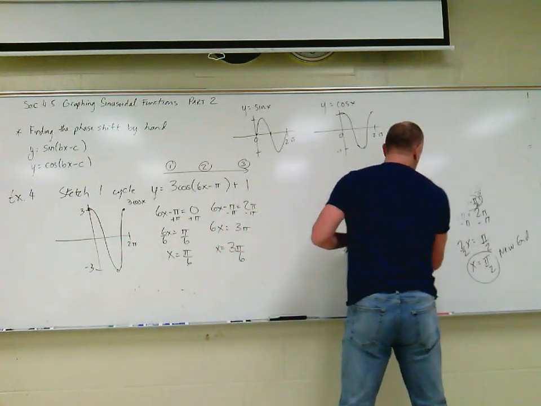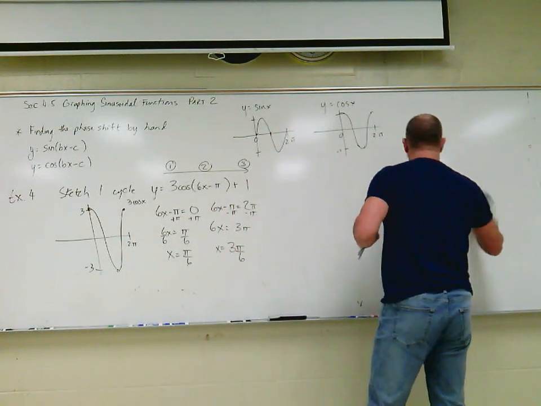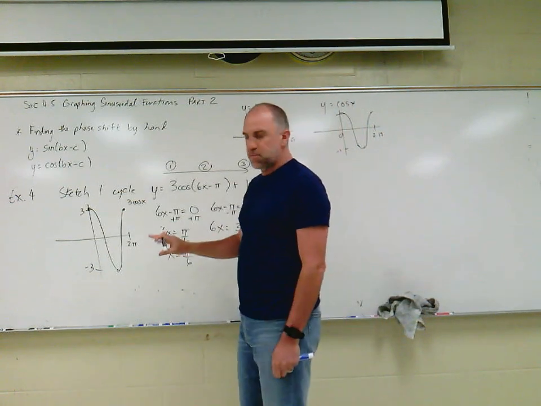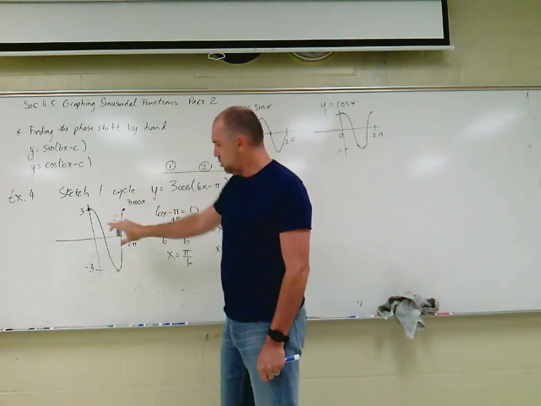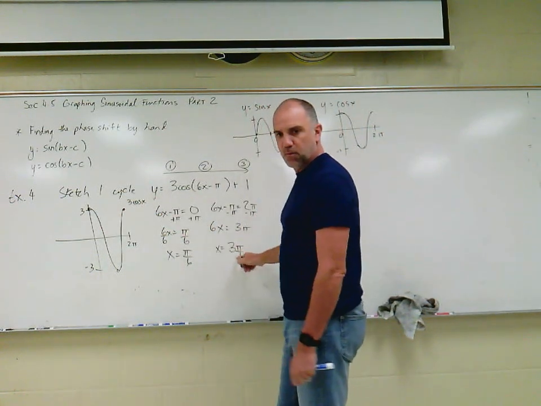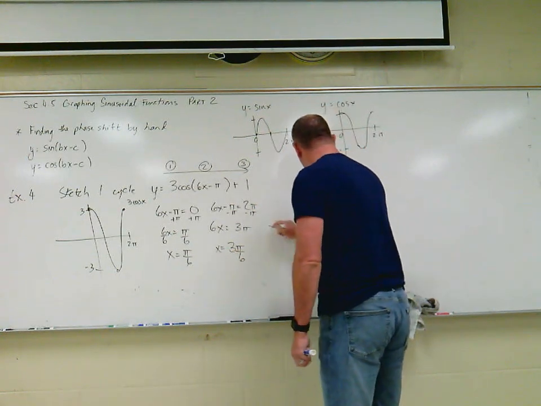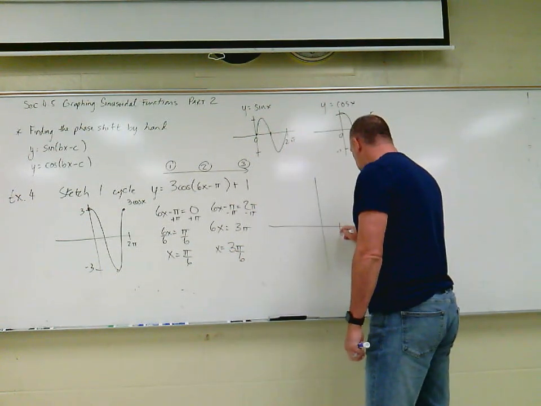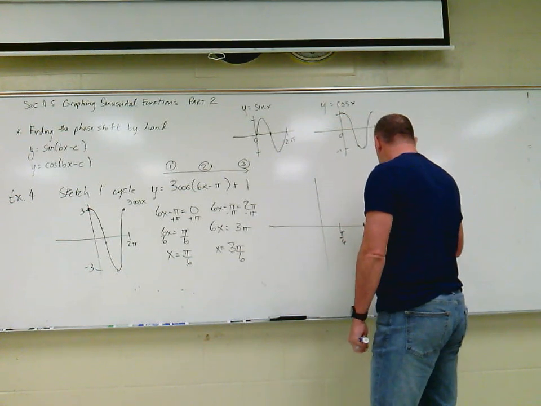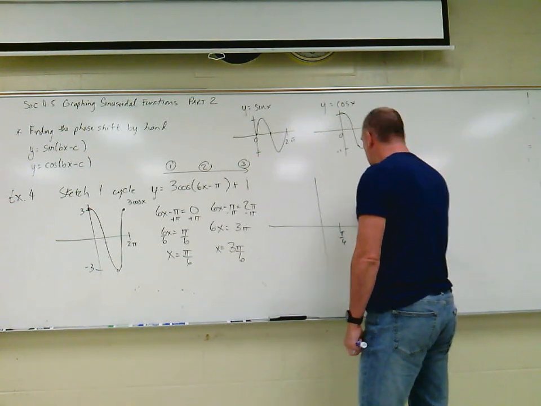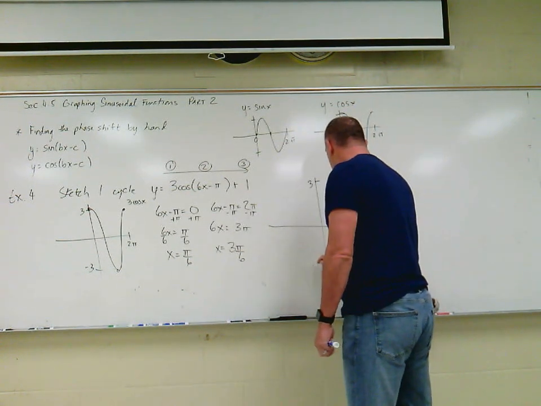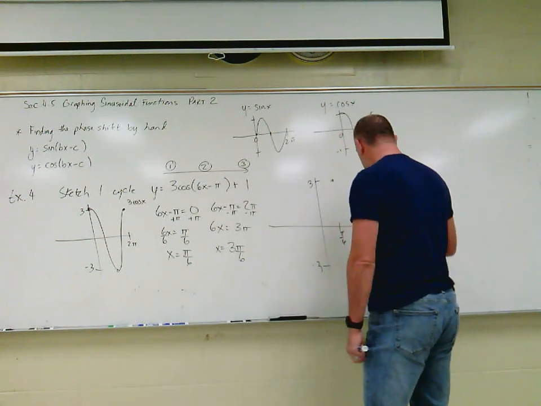So now I'm going to have to draw that picture in that boundary. The analogy I like to use is copy and paste. I'm copying this picture, but I'm putting it in this window from pi over 6 to 3 pi over 6. So pi over 6, 2 pi over 6, 3 pi over 6, and then we've got the 3 and the negative 3, and it's this.